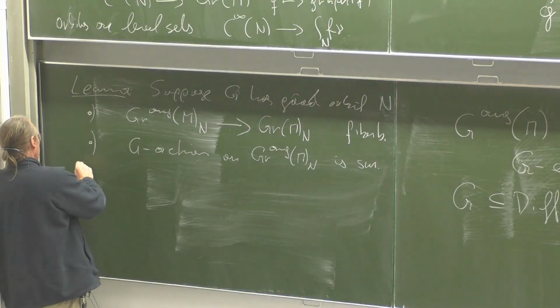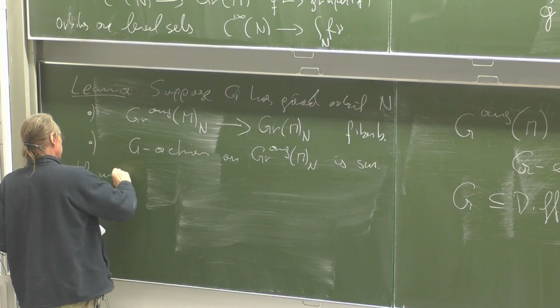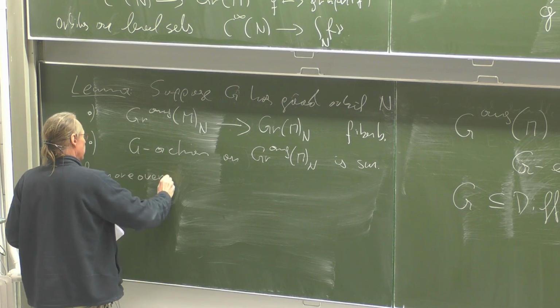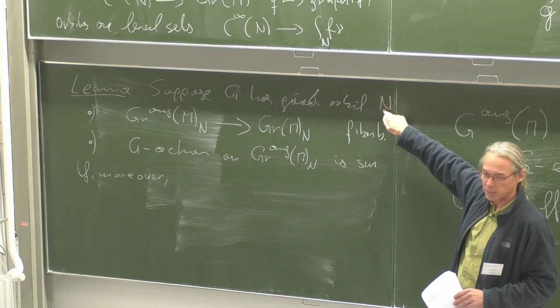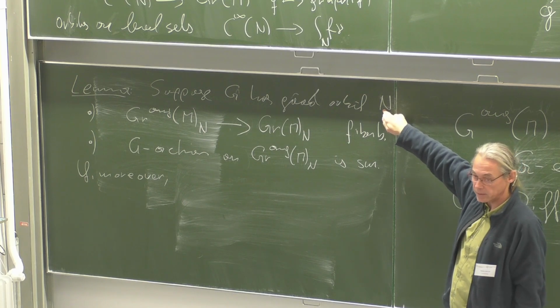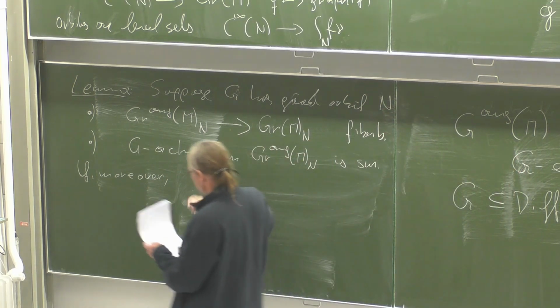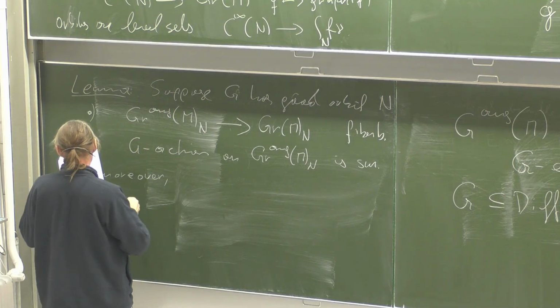But it's rather simple if, moreover, G has good isotropy at N. By this I mean that the isotropy group of N is a nice Lie subgroup. Then this smooth structure can be described in a different way.